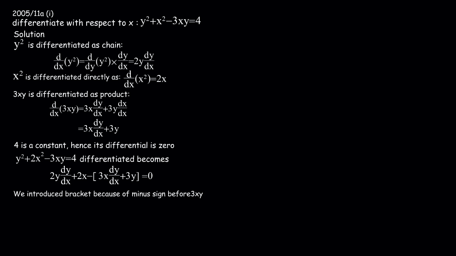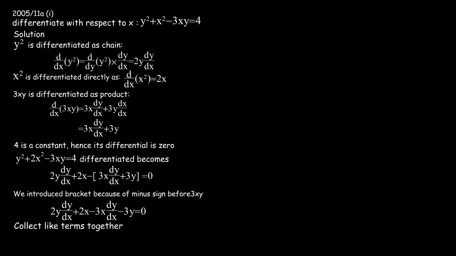Our next call of action is to expand our bracket. Doing so, our equation becomes 2y dy over ds plus 2s minus 3s dy over ds minus 3y equals 0. Next, we are going to be collecting like terms, that's taking all our dy over ds component to one side and the rest to the other side.